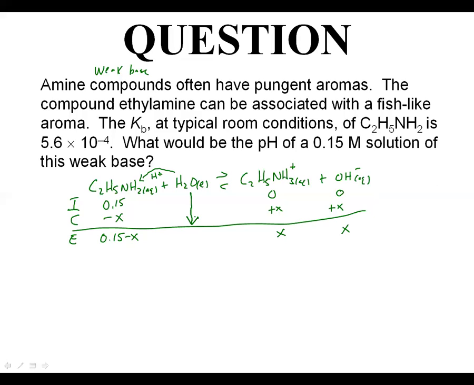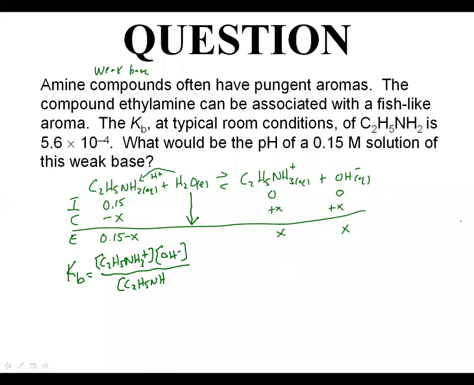Our Kb expression in this case would be our products, which is C2H5NH3 plus times our OH minus, divided by our reactant, which is C2H5NH2.